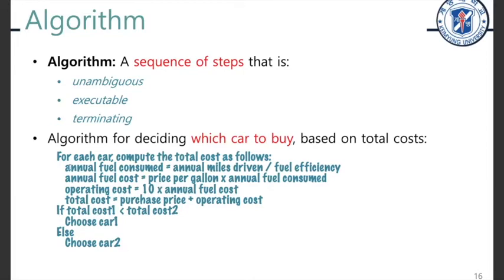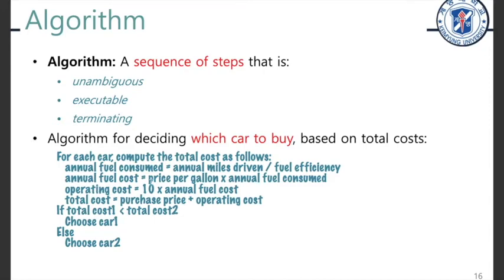So first I calculate the annual fuel consumed and the annual fuel cost. Then I will calculate the operating cost. The operating cost is the cost that you spend for service, car wash, and other things. And then finally, the total cost is the purchase cost plus the operating cost. So the annual fuel consumed is the annual miles driven per fuel efficiency. The annual fuel cost is price per gallon times annual fuel consumed, how much you will consume.